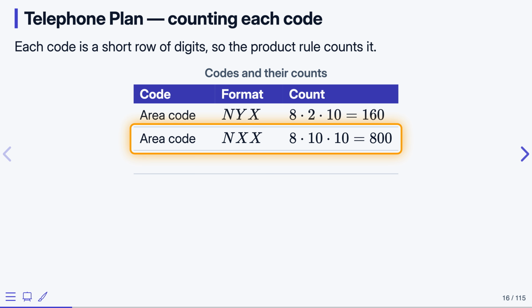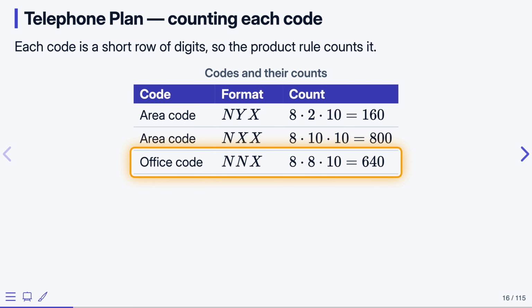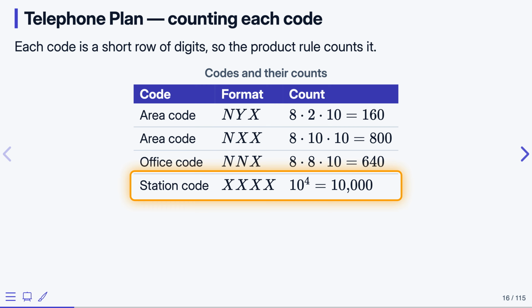An area code in the new format is NXX, that is 8 times 10 times 10, 800. Row 3. An office code is NNX, that is 8 times 8 times 10, 640. Row 4. A station code is 4 free digits, 10 to the power 4, which is 10,000.